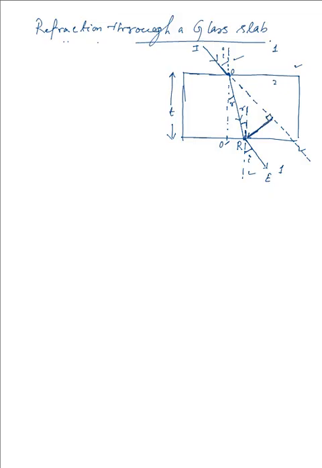So the perpendicular between the undeviated line of the first ray and the emergent ray gives me the lateral displacement, and let us say that side is equal to d in length, and I take D as the point that I have dropped on the dashed ray.